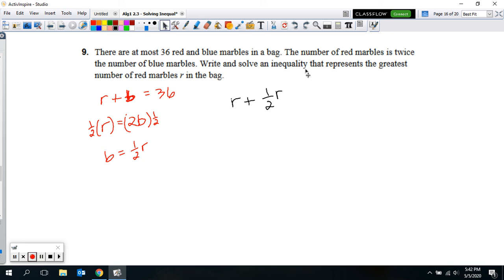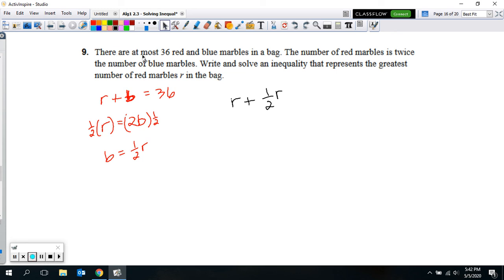So the inequality sign is going to be one of the 4 choices that we have, either less than or greater than, or less than or equal to, or greater than or equal to. One of those 4 inequality signs, what do we use? So the clue is this little phrase right here where it says at most. That's the clue as to what sign to use.